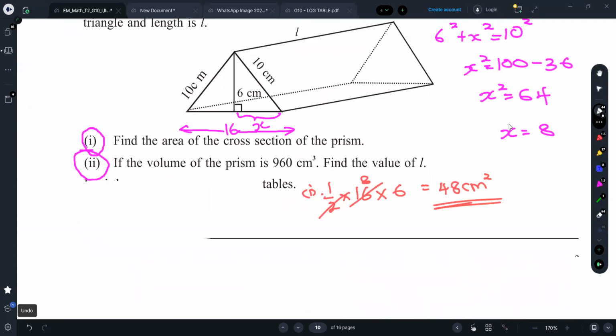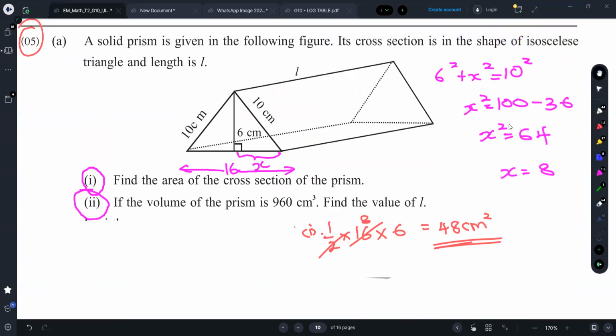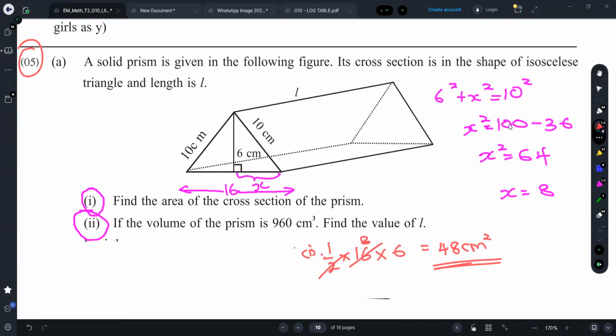Area we found. Usually in a prism, the volume we take is this area multiplied by this length. When this same area extends upward by this length, it becomes the volume.